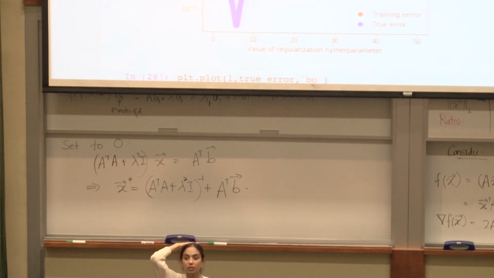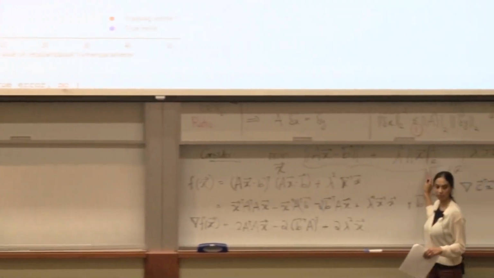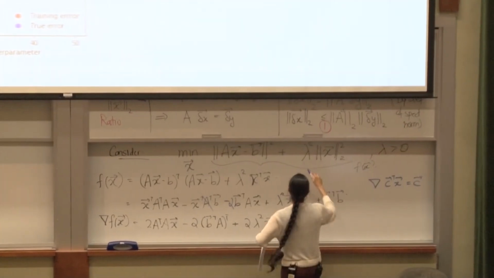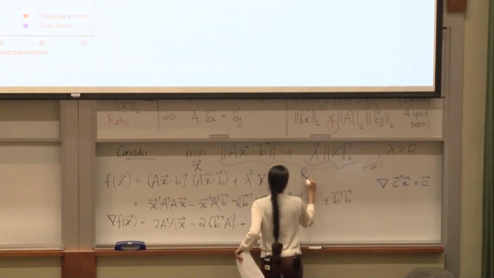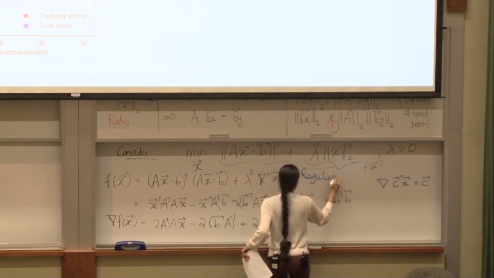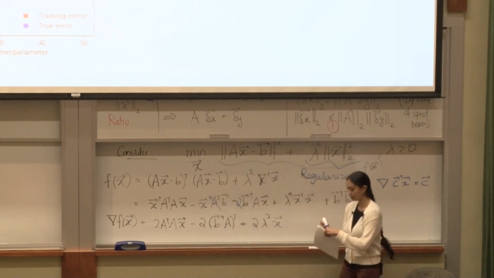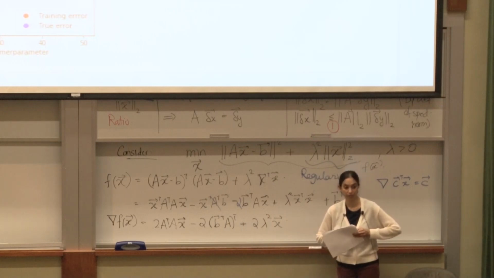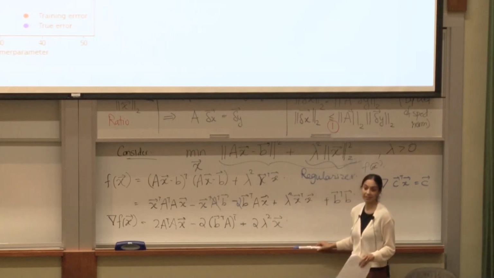Yes, question? Sorry. Hey, people, shh, I can't hear. For the lambda that we have in the minimizing function, aren't we assuming that x should be kind of near 0? Great question. You're saying that by writing this term here, which we call a regularizer, by the way, aren't we assuming that x is kind of close to 0? And the answer is yes.